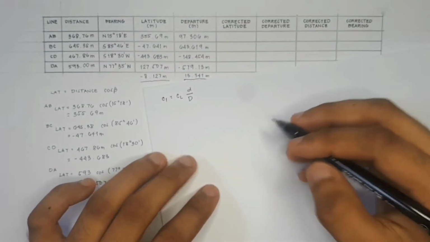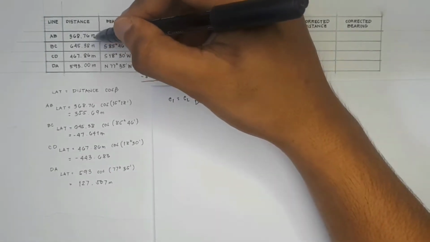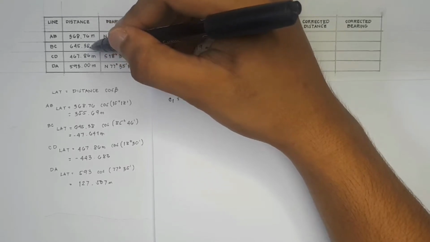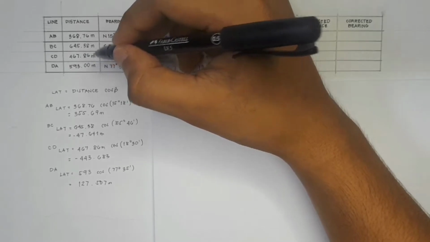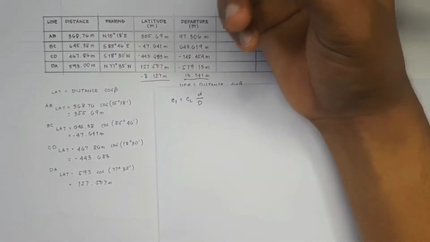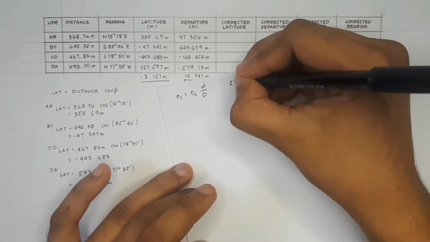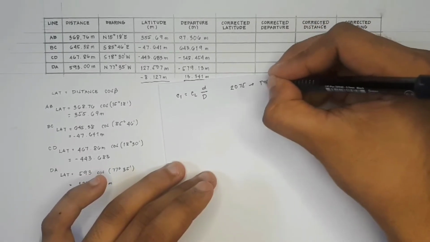To get our total distance, we just need to sum up all these distances. So we have 368.76 meters plus 645.38 meters plus 467.86 meters plus 593 meters, and this will give us 2075. So this will be our total distance.